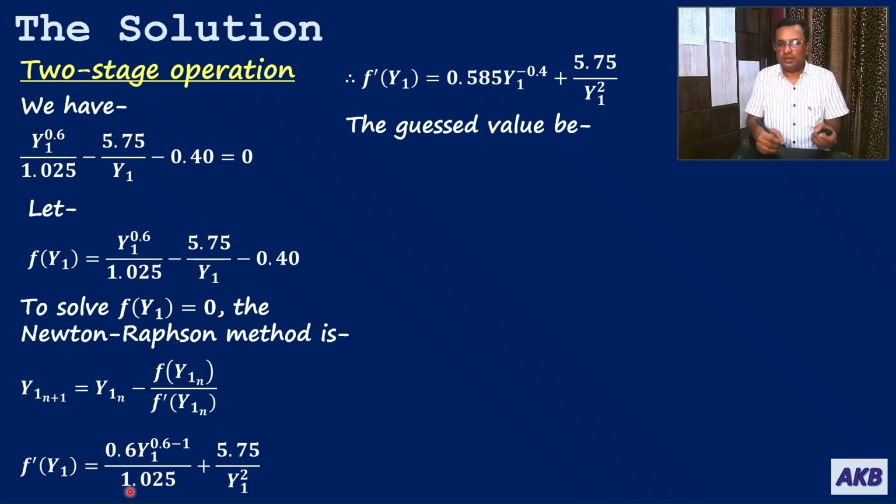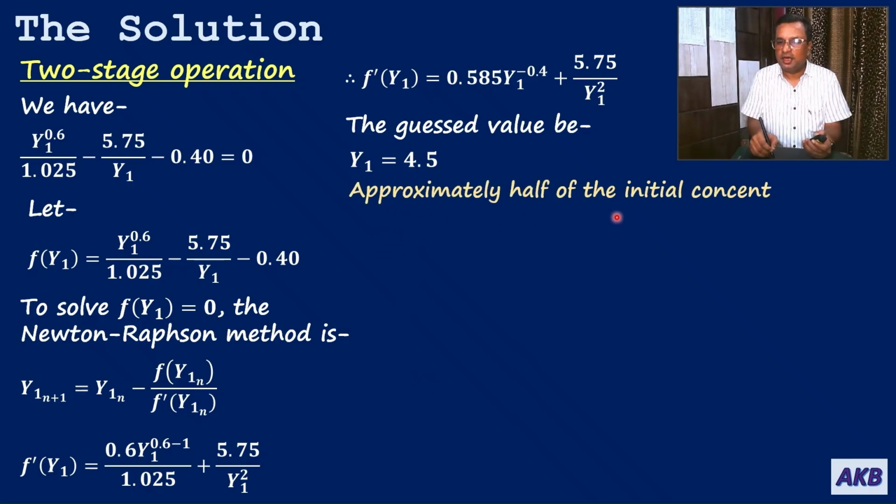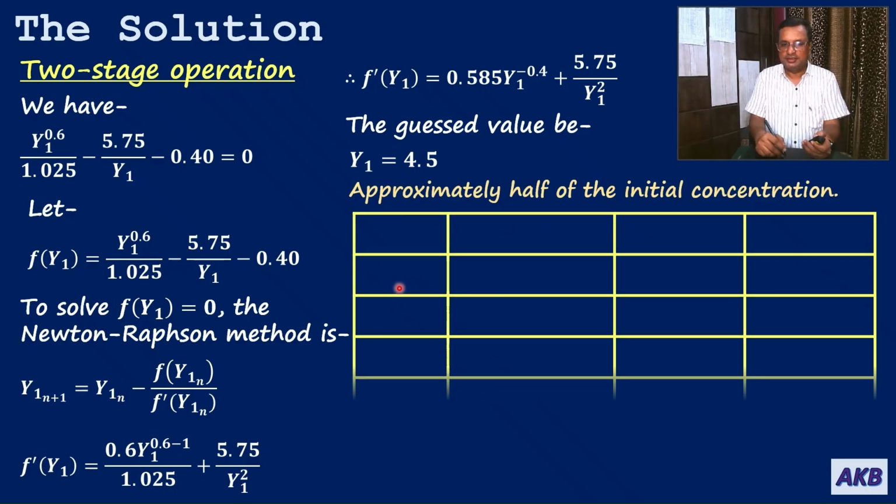Now, in order to start the solution, we will have to use a guess value. Let us say that in the first stage the concentration of the color reduces by half, from 9.6 to approximately 4.5. So this is approximately half of the initial concentration.